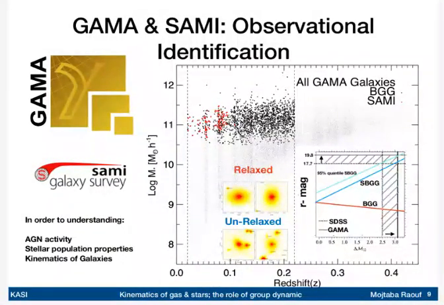So you can see the regions of the stellar mass and redshift distribution of GAMA galaxies, and SEMI is bounded by the red line.